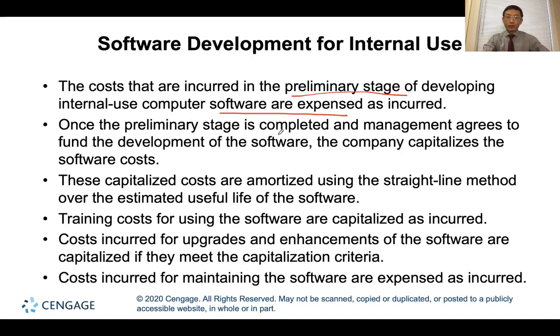But after the research and development passes the technological feasibility test, I mean the preliminary stage is completed and the management says the product has a very certain future benefit, then the company can capitalize the software costs.